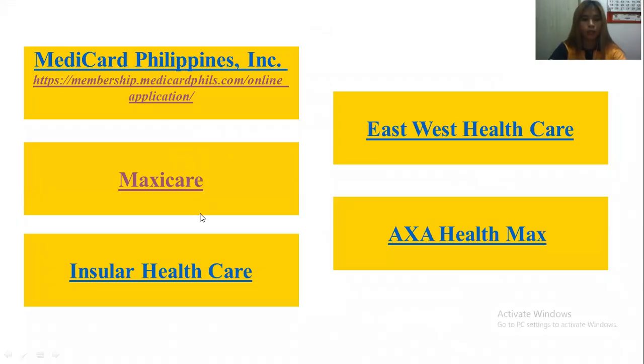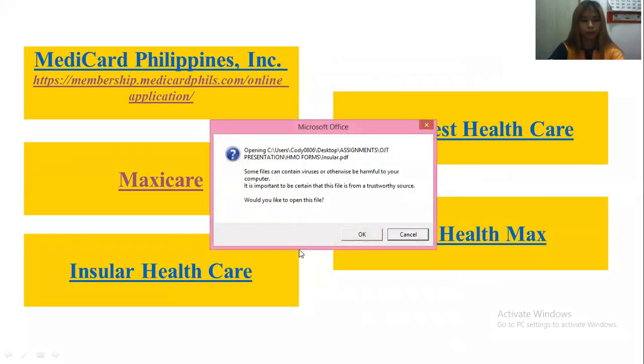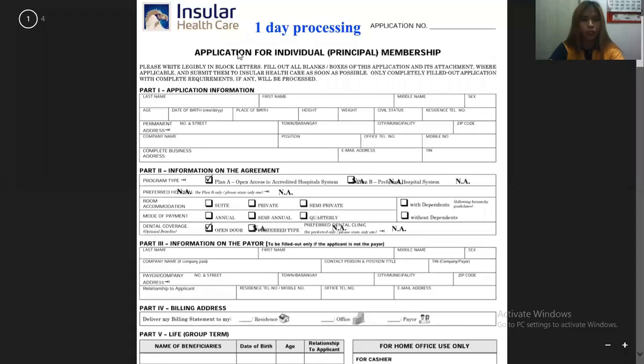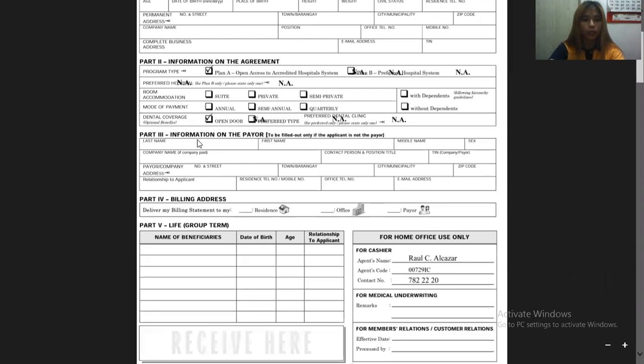Next one is the Insular Health Care. This is the application of Insular Health Care. You can see Part 1 is the application information. Part 2 is information on the agreement. Part 3, information on the payer.